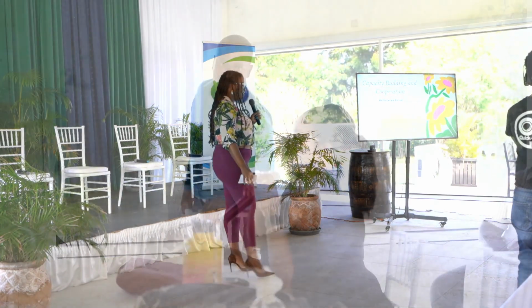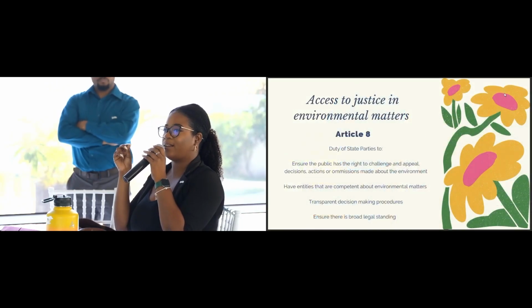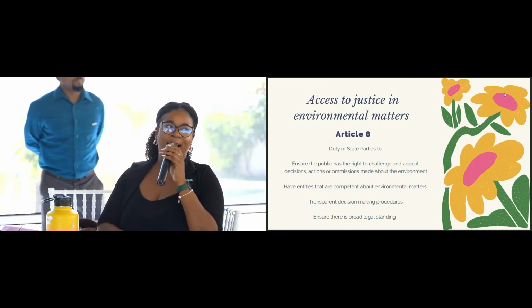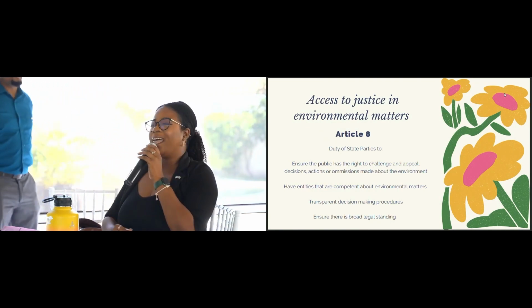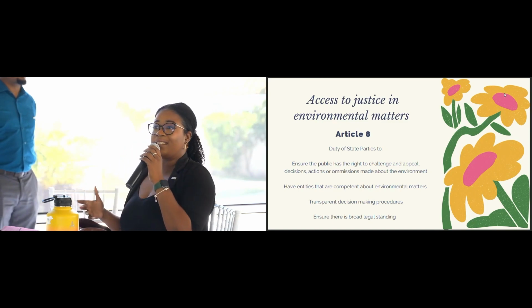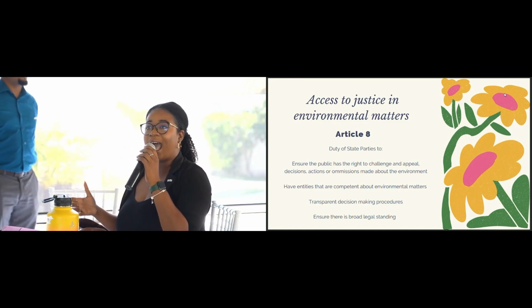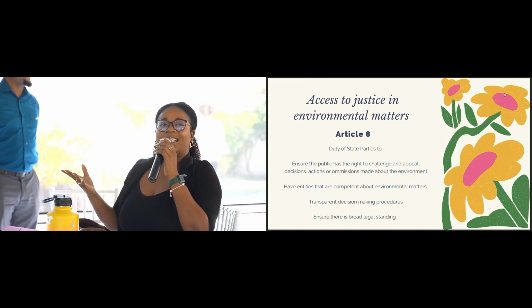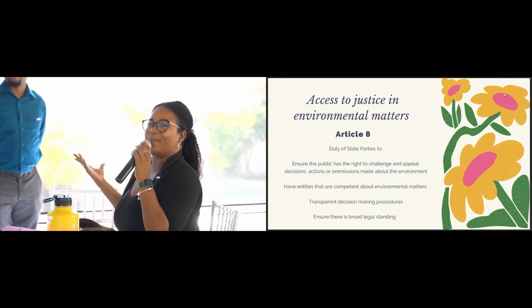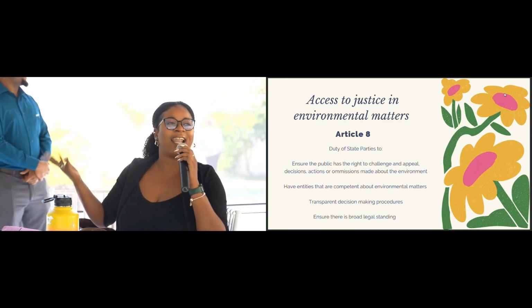I think it was in Article 8, or was it 7? The one before, yes. So this one that speaks specifically about challenging and appealing decisions made about the environment. Can you go into some more detail about that? Because let's say, hypothetically, that there is a development happening on an island where there's the largest amount of Antiguan racers on the planet, right?